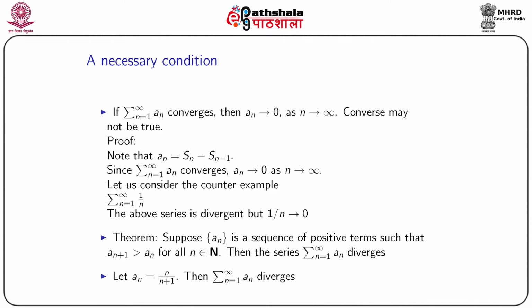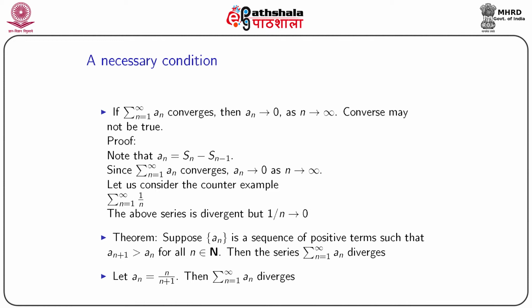Similarly, I can construct a3, a4, a5, a6 in this way as the difference of Sn and Sn minus 1. The condition given is that the sum over an converges. So by definition, Sn and Sn minus 1 both converge to the same number. So an tends to 0 as n tends to infinity.